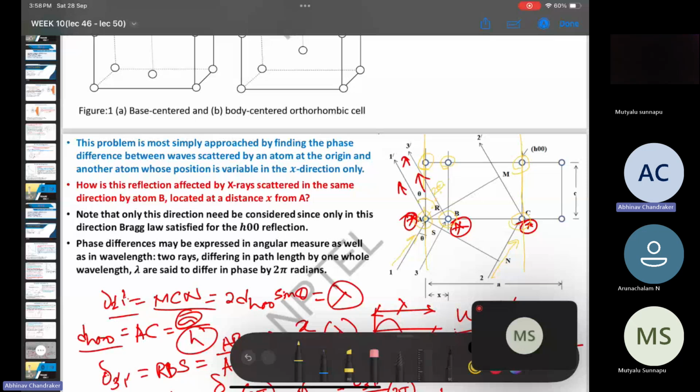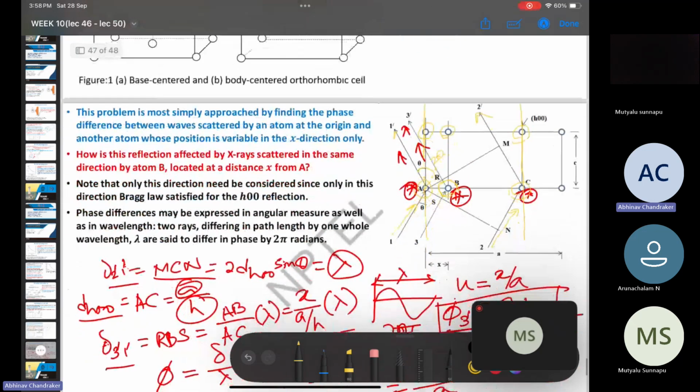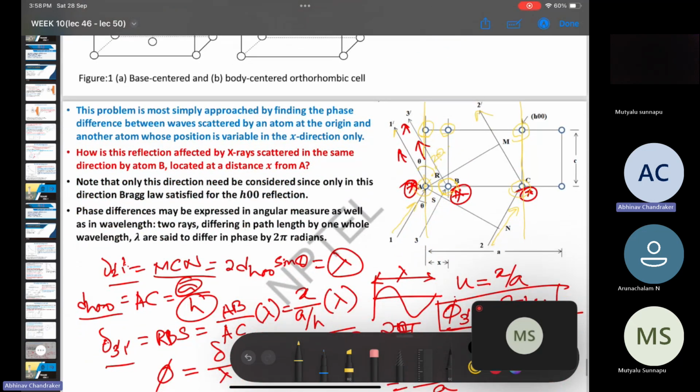And we know that if we just have atoms on the H00 plane, then we'll see diffracted beams 1 dash and 2 dash. But if you also have some more atoms at other positions, such as at B, which is at a fractional coordinate, it is now not at the corner of the unit cell, then diffraction can also occur due to this atomic layer here.